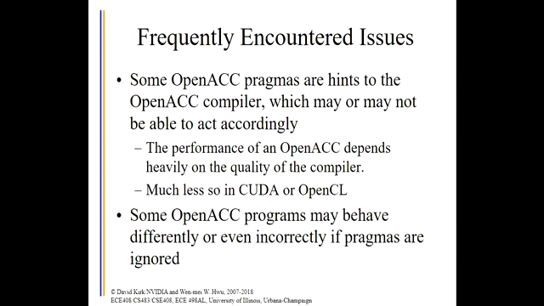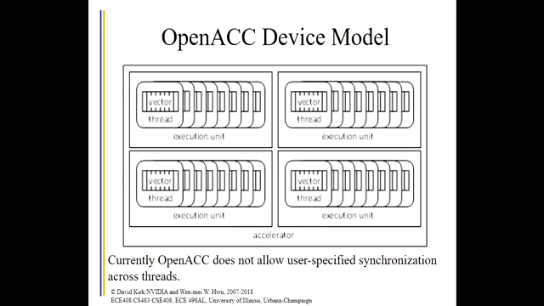And some OpenACC programs may behave differently or even incorrectly if pragmas are ignored. That's another thing I talked about earlier. But these things are becoming less and less frequent because the compilers are getting better and better, and the programmers are also getting more and more careful when they introduce the pragmas into the code.